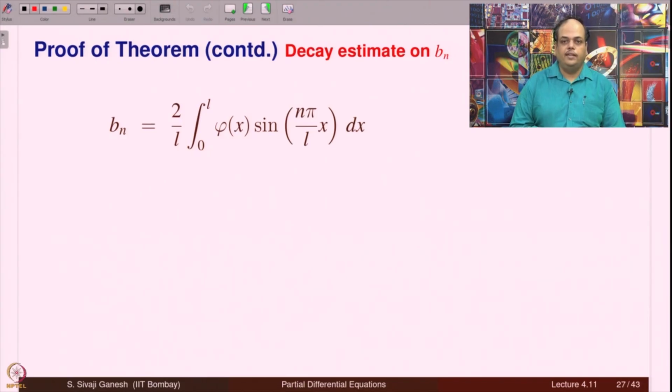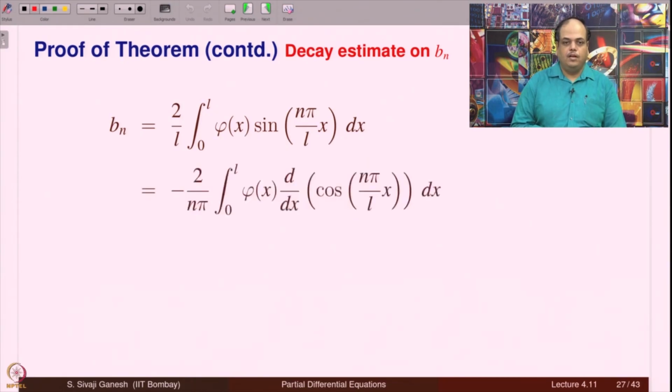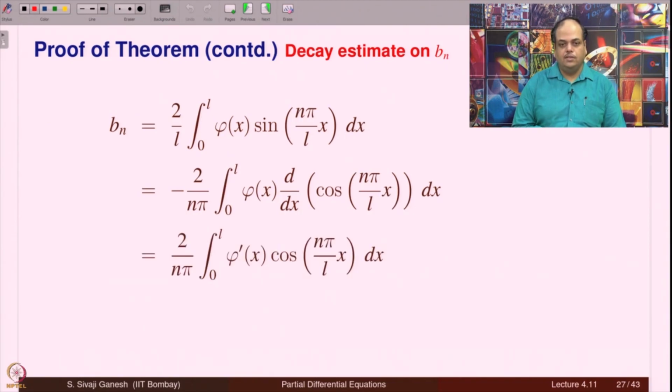Now, how do I get this decay estimate on Bn? Recall this is the formula for Bn. Now, I write the sine term as d by dx of cos. So, I get minus 2 by n pi, integral 0 to L, phi x, d by dx of this cos. So, this means I am planning to use integration by parts.